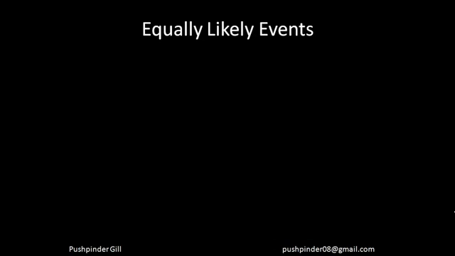Now let's move forward. The next is equally likely events. Equally likely events are events which have the same probability. Let's suppose there is event A and event B. If the probability of event A happening is equal to the probability of event B happening, then they are equally likely events.